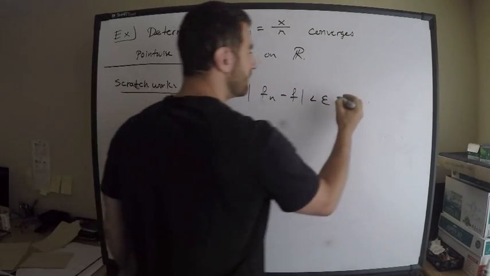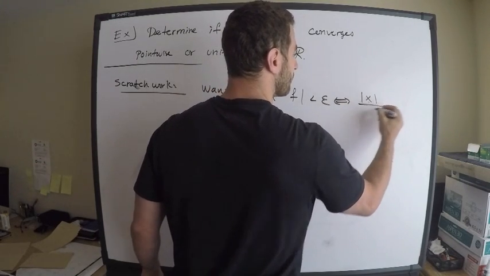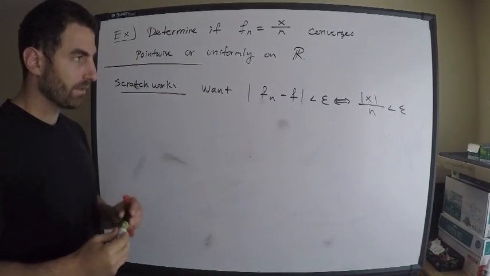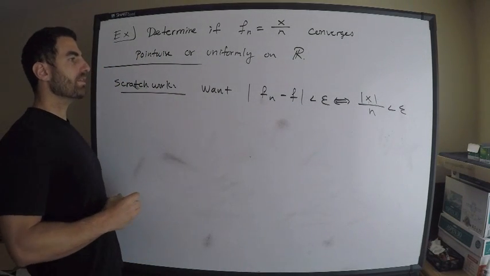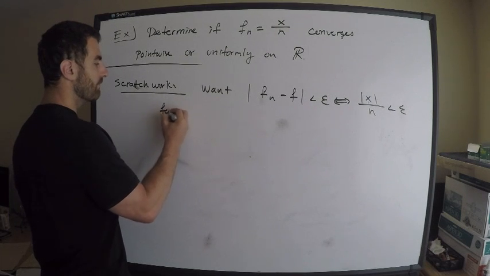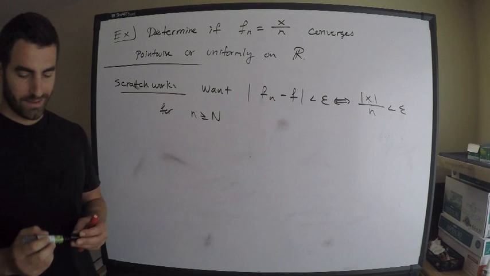Equivalently, for our situation here, this says that the absolute value of x over n is less than epsilon, right? That's what we want. So, for little n bigger than the natural number capital N.